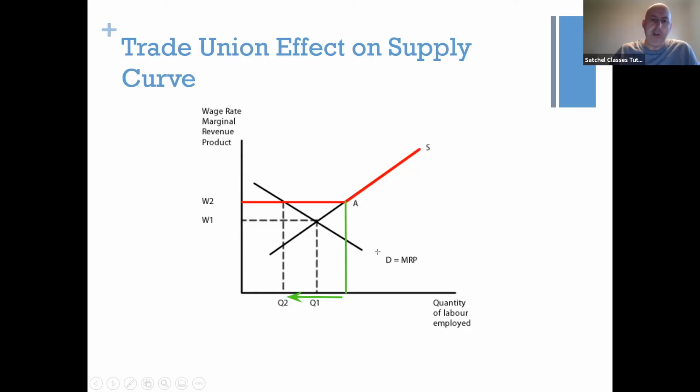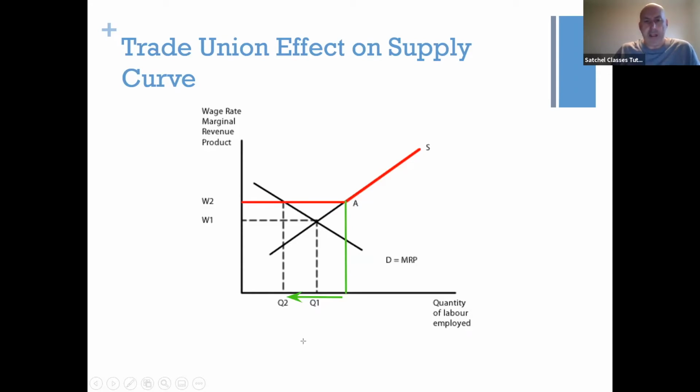The firm will only demand when the supply curve crosses the marginal revenue product. And because the unions have, using collective bargaining, forced the wage above the equilibrium, the supply curve becomes this slightly abnormal shaped curve, and it cuts the demand curve further up, which means businesses demand far less labour because of the higher wages.